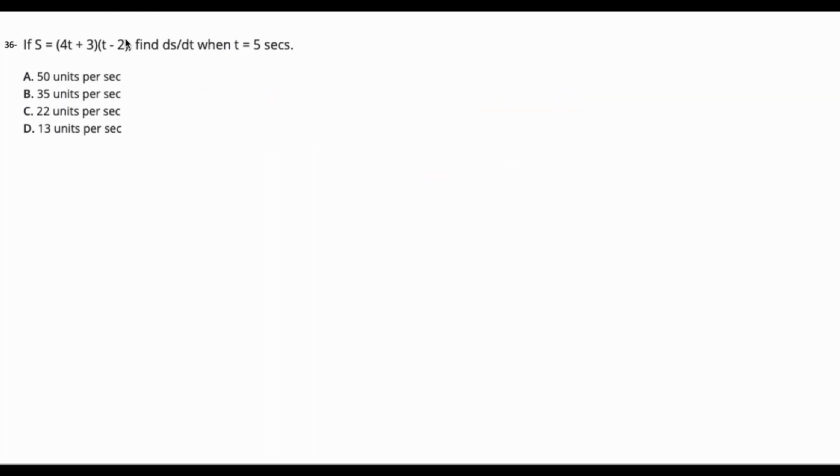which is B. Question 36 says, if s is equal to 4t plus 3 multiplied by t minus 2, find ds/dt when t equals 5 seconds. So all we're required to do here is find the derivative of this expression s and then substitute 5 for t in our derivative. So s is equal to 4t plus 3 multiplied by t minus 2.